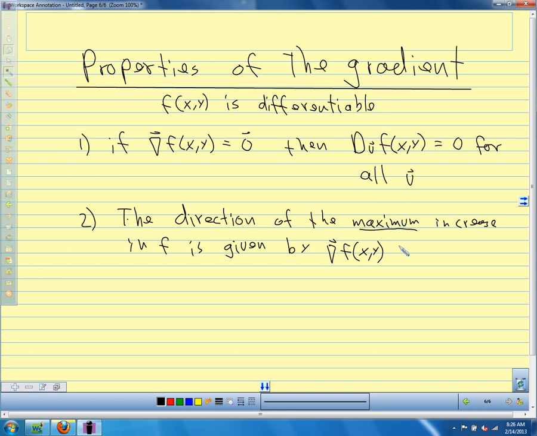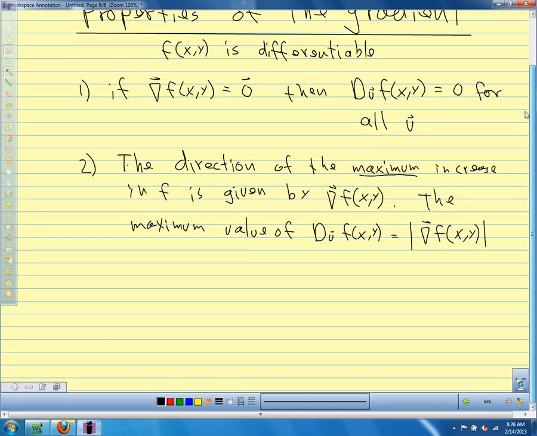And the maximum value of the directional derivative is the magnitude of the gradient. So the gradient tells us the direction of the maximum increase in f of xy, and the maximum directional derivative is the magnitude of the gradient.